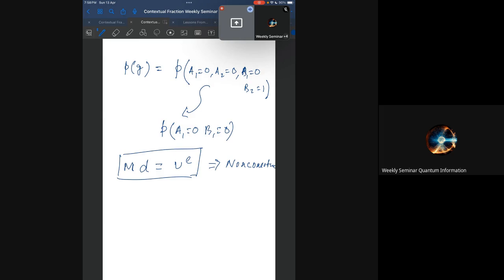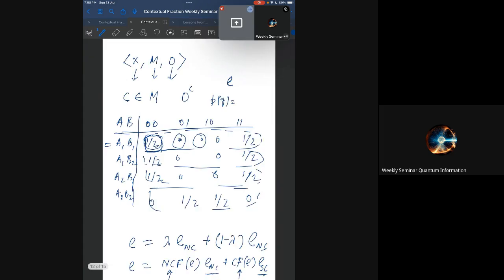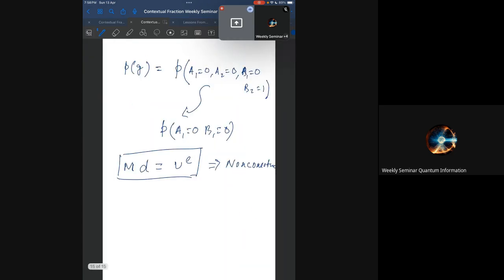But you know the scenarios, even if I want to write for this model, this PR box empirical model, I cannot write this, because there is some contextuality or non-locality, you may say. So I cannot do it for some models. Those models I will call contextual.